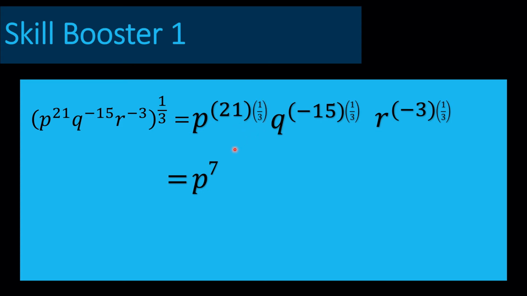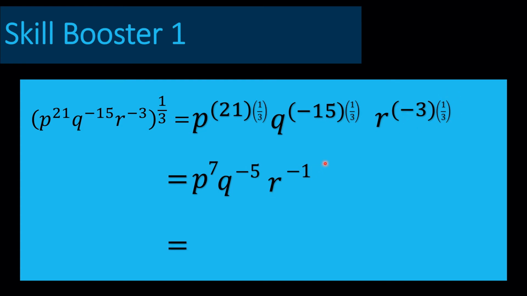For q, negative 15 divided by 3 is equal to negative 5. Again, multiplying any number by 1/3 is similar to dividing it by 3. And for r, we have negative 3 times 1/3, that is equal to negative 1.